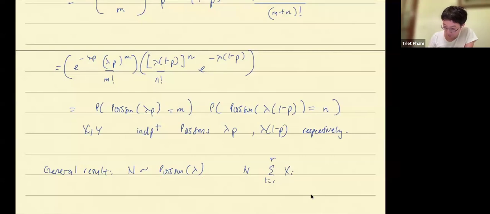The number of arrivals can be broken down into R types. So in the above, R equals 2.